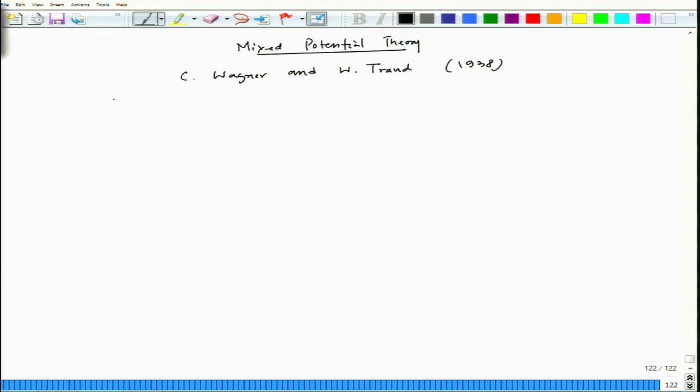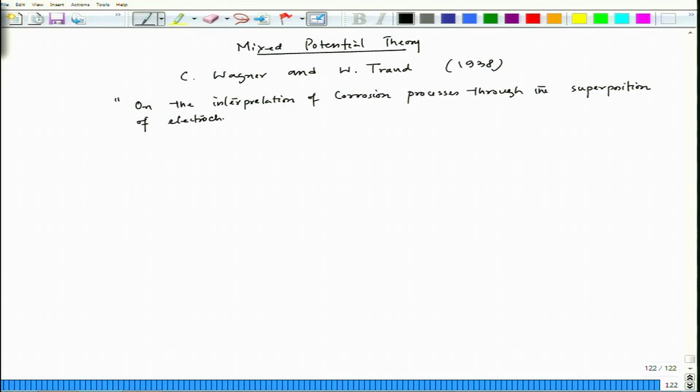So, if I try to see the paper name, it says: On the interpretation of corrosion processes through the superposition of electrochemical partial processes and on the potential of mixed electrode.